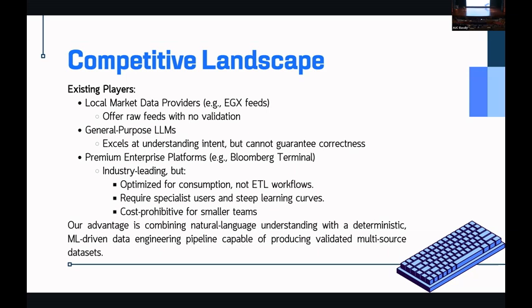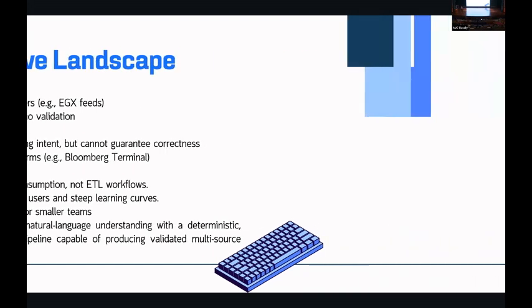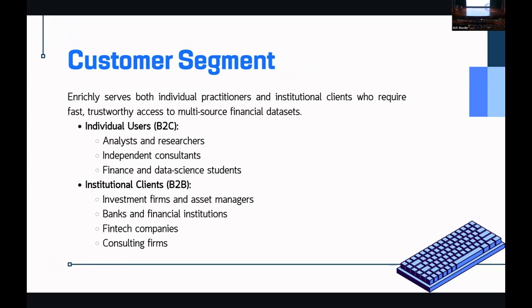And premium platforms like Bloomberg are very powerful, but very costly, and not optimized for ETL workflows. So the advantage of our product is that we combine natural language processing with a deterministic machine learning pipeline capable of producing multi-source data sets.